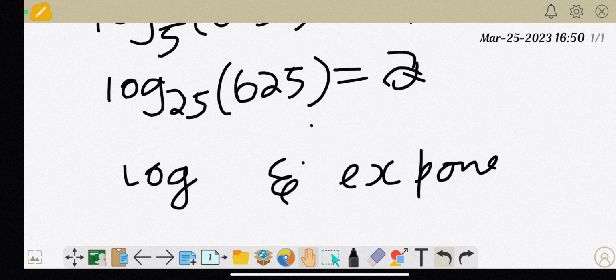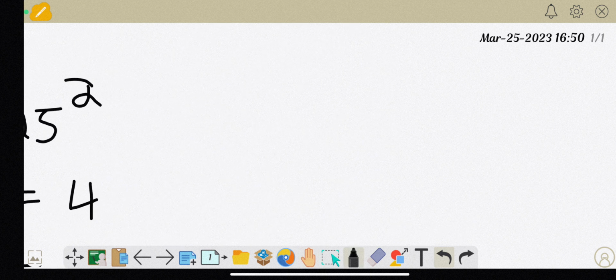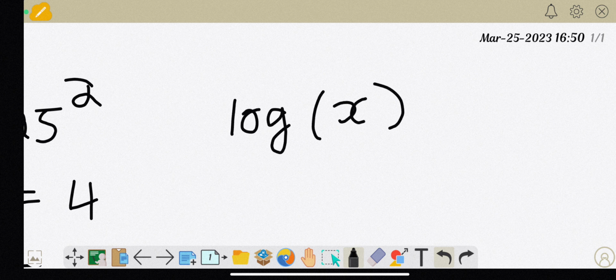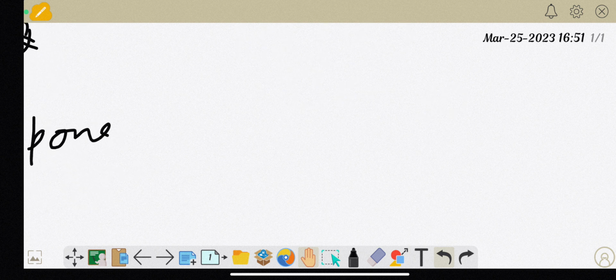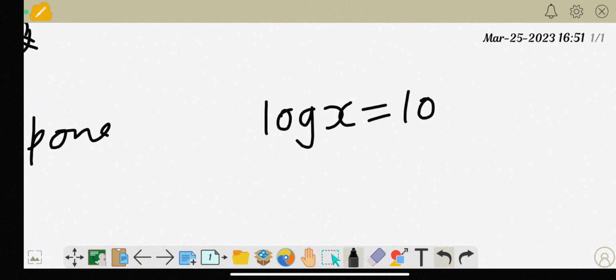Usually in our textbook exercises and problems, whenever we solve a logarithmic kind of problem, they just write log of x, correct? If they don't specify any base, then by default the base is 10. So log x is equal to log base 10 of x, both are equal.